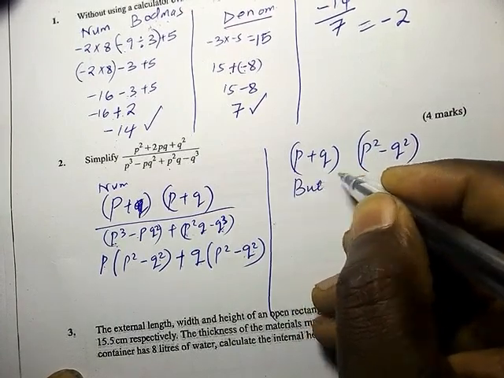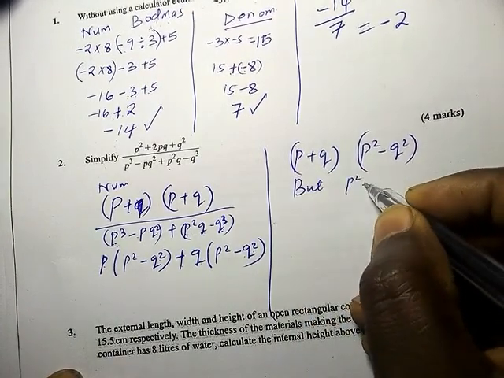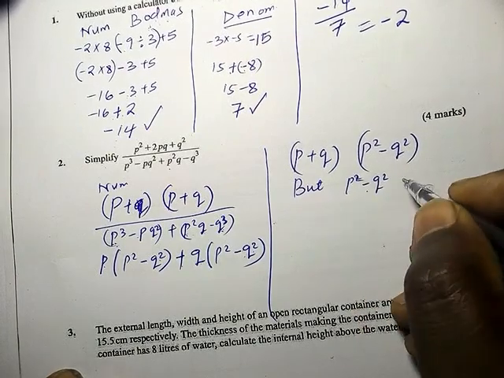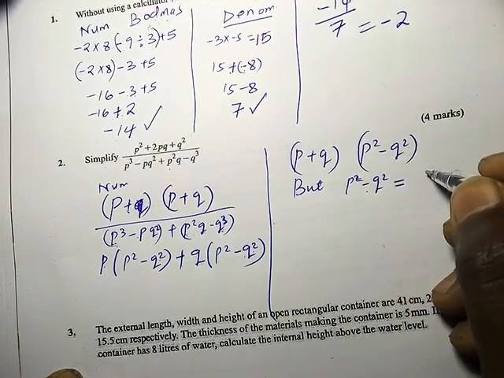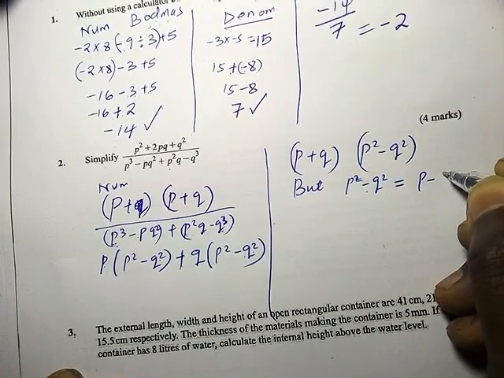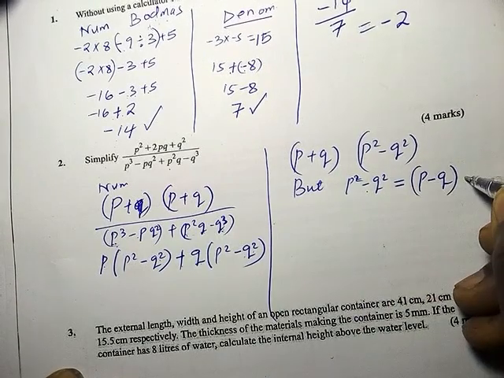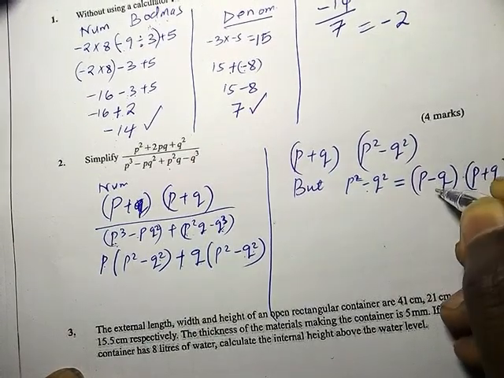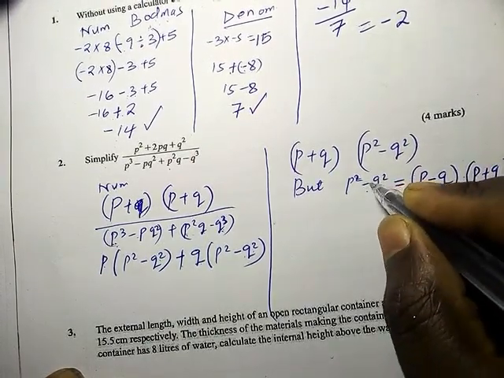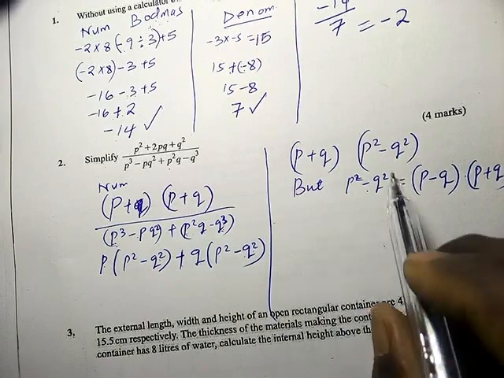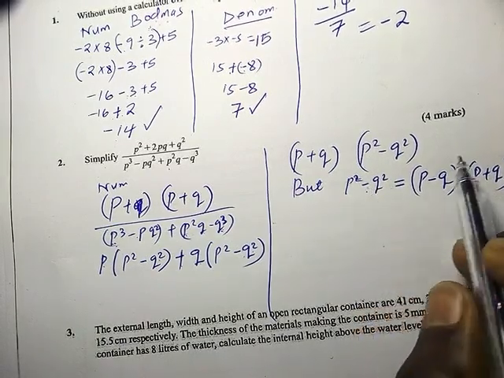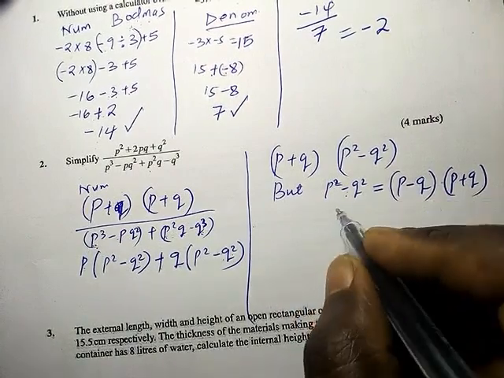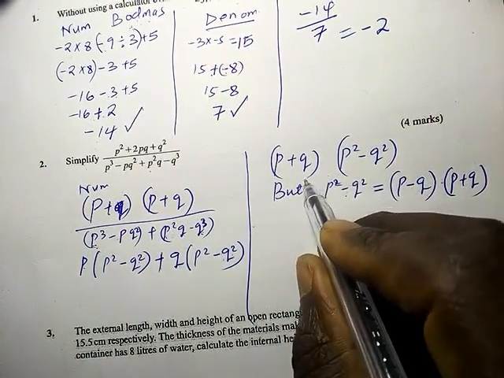But you know that P squared minus Q squared is a difference of two squares, which is simply the same as P minus Q times P plus Q. If you multiply this one, you get this one. That's a difference of two squares. So now we have the denominator.